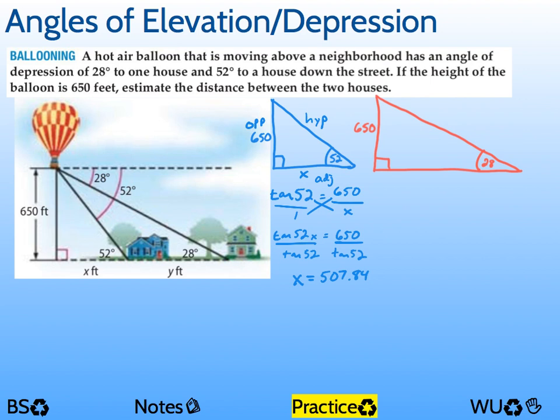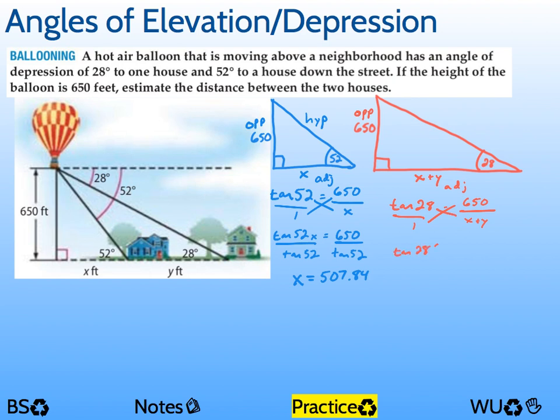Now we're going to use the same general logic to find this side here, or x plus y. Now, this problem is going to go very, very similar to the one we just did, because you have the opposite and the adjacent again. The only difference is that we're working with a different angle measure. So we're going to end up with tan of 28 equals 650 over x plus y, and then cross multiply again.